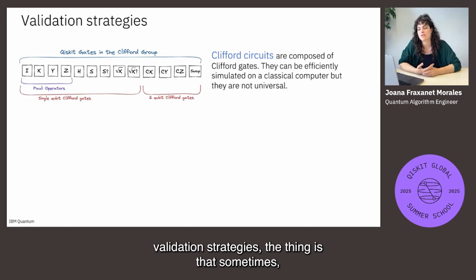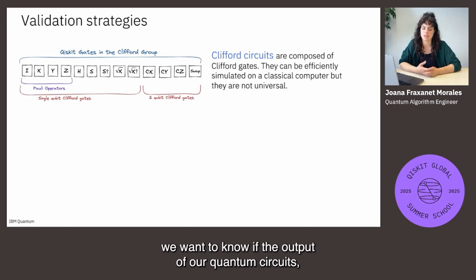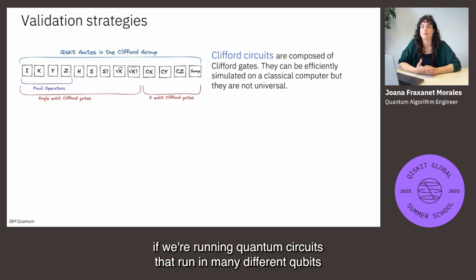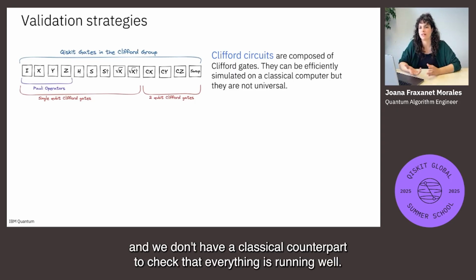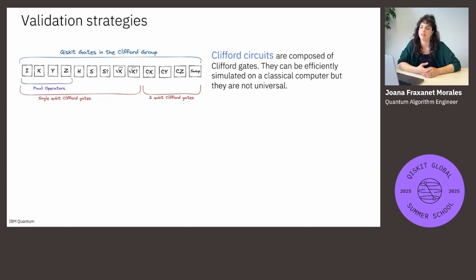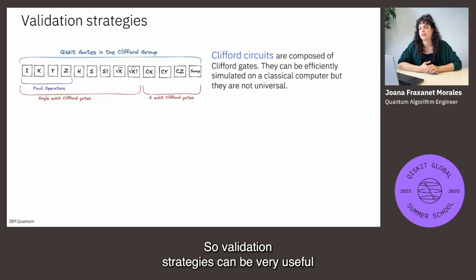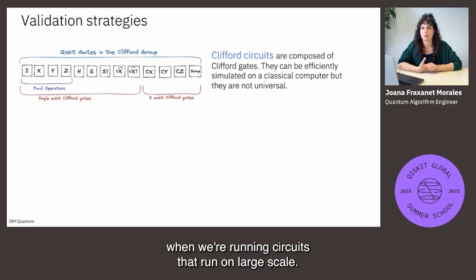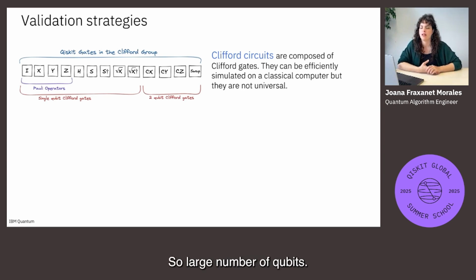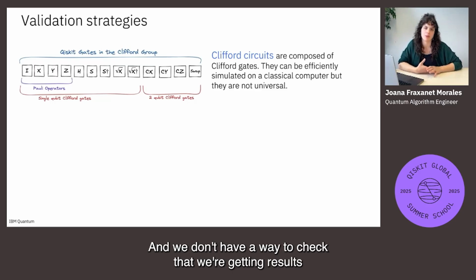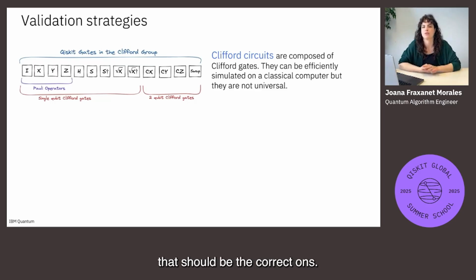So for validation strategies, sometimes what we want to know is whether the output of our quantum circuits is right, if we're running circuits on many different qubits and we don't have a classical counterpart to check that everything is running well. So validation strategies can be very useful when we're running circuits at large scales, with a large number of qubits, and we don't have a way to check that we're getting the correct results.